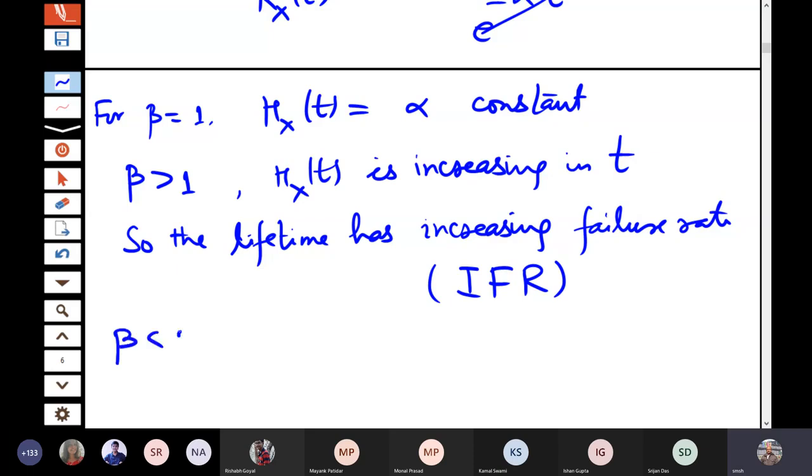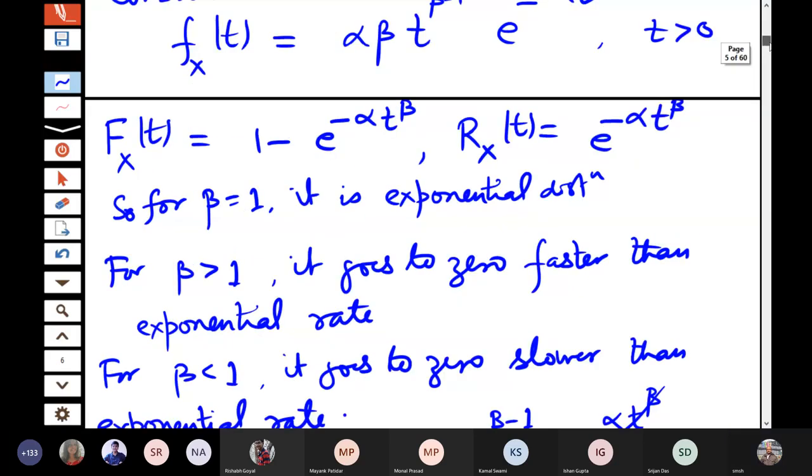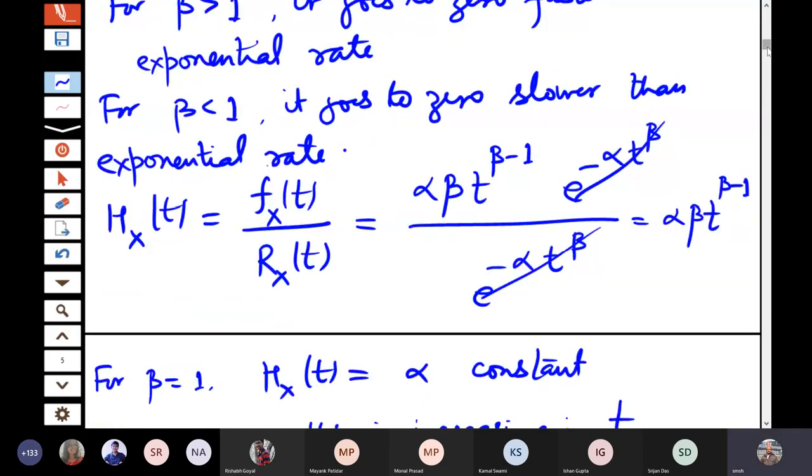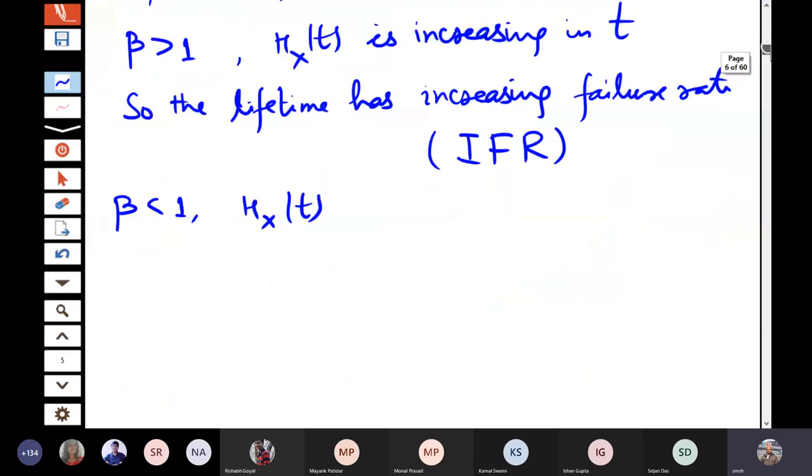If I have beta less than 1, then this alpha beta t to the power beta minus 1. So if beta is less than 1, then this will come in the denominator. It means as t increases, this will decrease. So such distributions are called decreasing failure rate distributions.